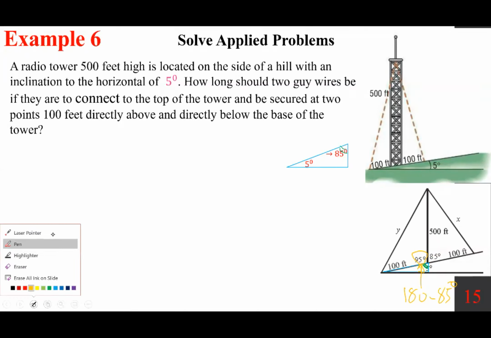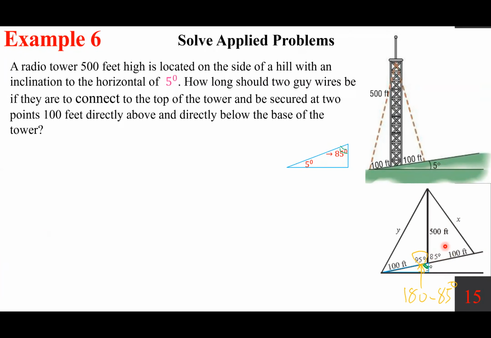And again, I want to repeat because I want to make sure everybody understands how this works. This is X, this is Y, this is 500, this is 100, this is 100. This small angle is given as 5 degrees. So this angle becomes 90 minus 5, or 85 degrees. And because we have these lines, since this is 85, so is this one.